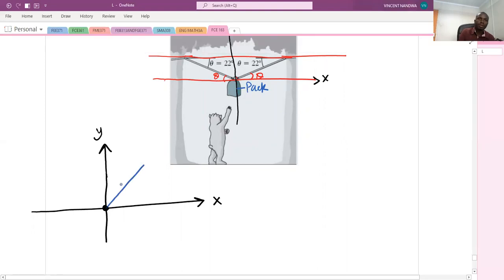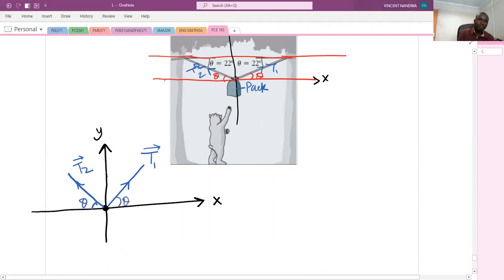Let me call the tension in this rope T1, and this other one I call T2. Now, this angle is theta, and we know the value of theta is 22 degrees.